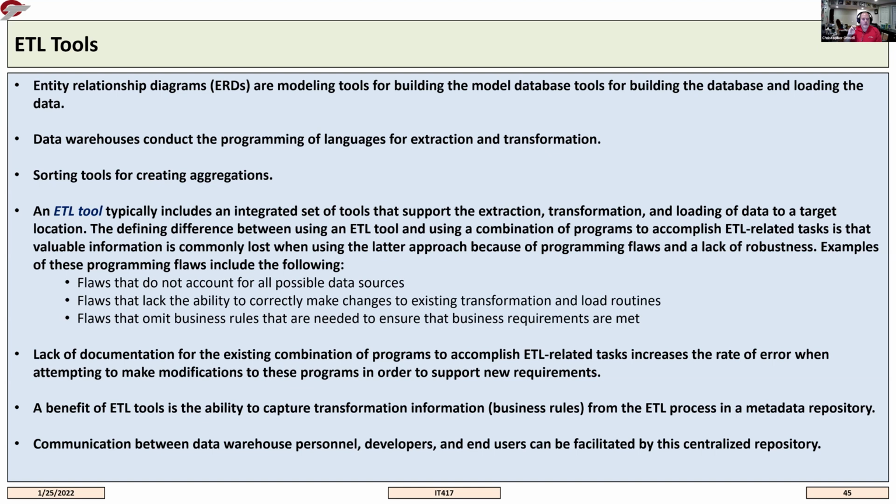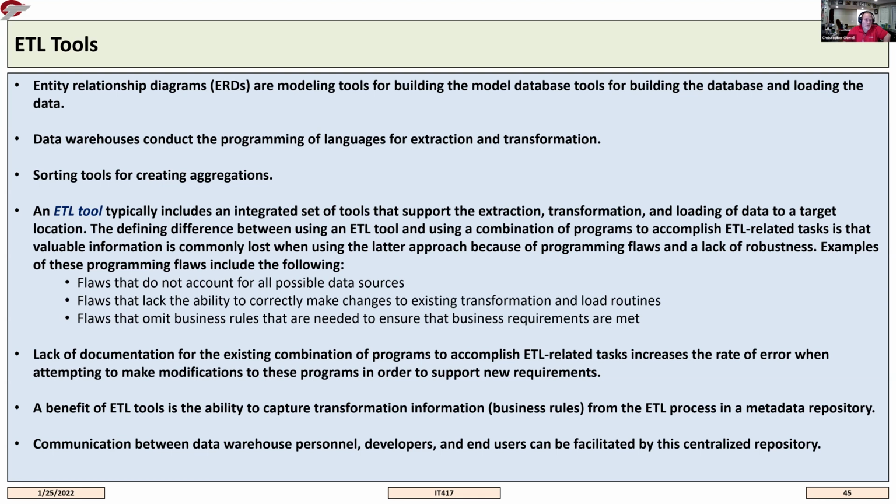Data warehouses are there to conduct programming languages extraction and transformation, and give you access to data and provide data APIs, so that you can gain access to the sources of data, and so you can build your apps against those APIs in order to use them in such a means to build what you need for new tools, or creating aggregations of systems. An ETL tool is the system that supports the ETL process of the various things.